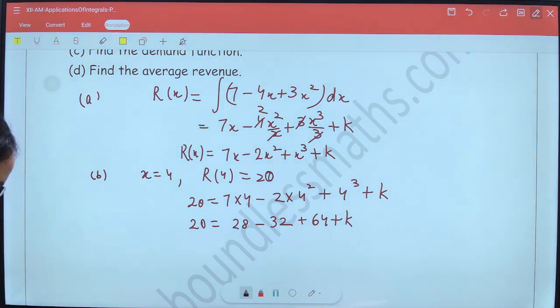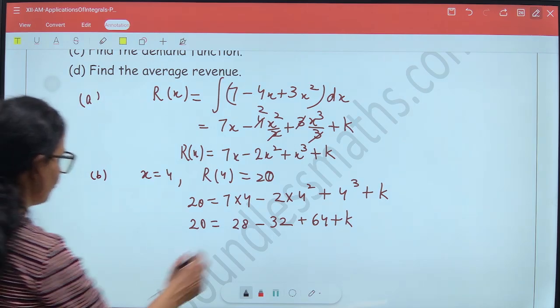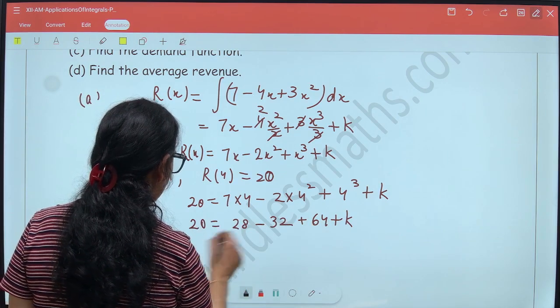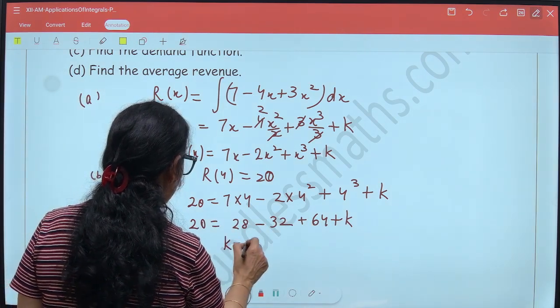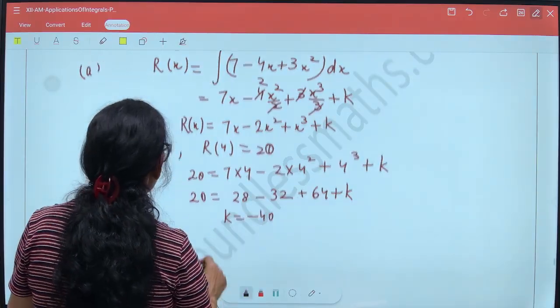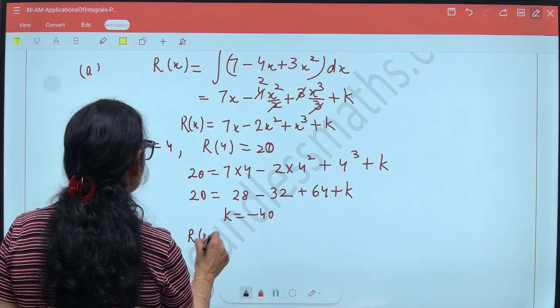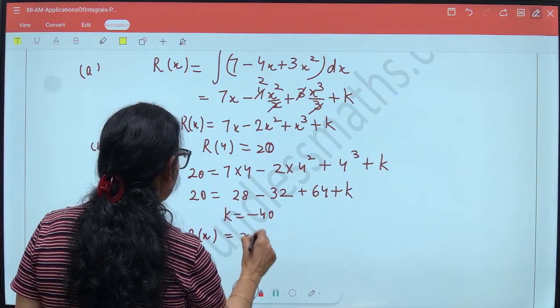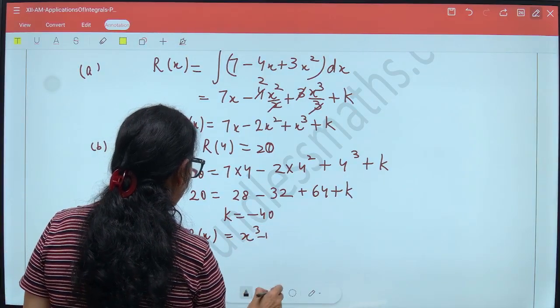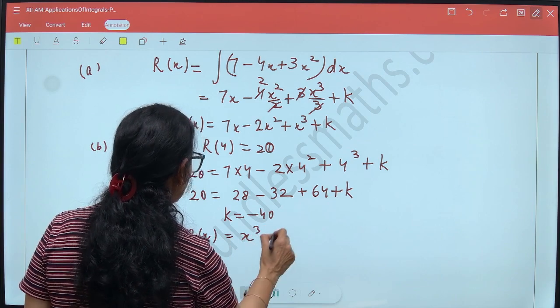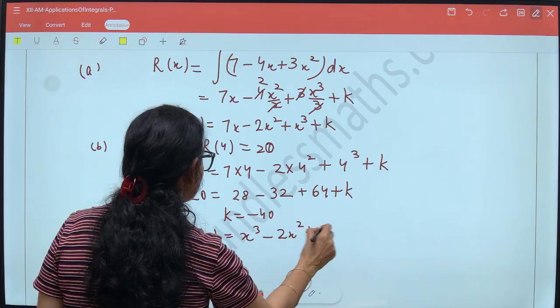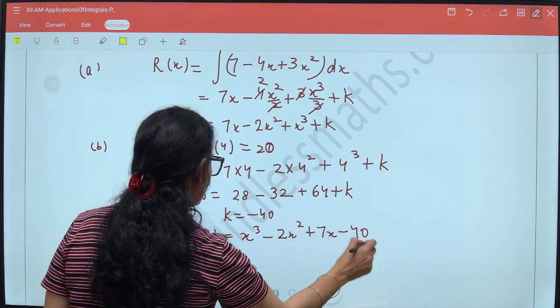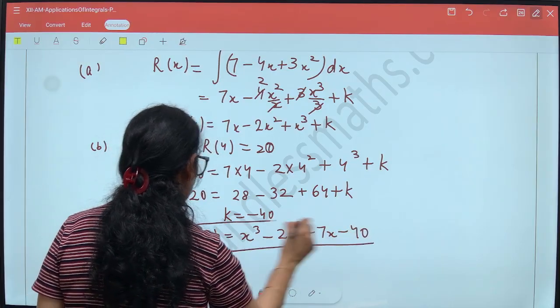So when we solve these values, we get the value of k as minus 40. So that means the revenue function is now x cube minus 2x square plus 7x minus 40.